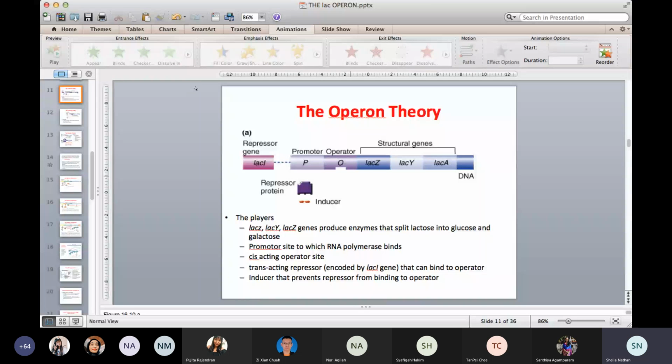When the repressor binds to the operator, it blocks the promoter, so RNA polymerase cannot bind to the promoter and cannot switch on transcription of Z, Y, and A. Does everyone understand that?